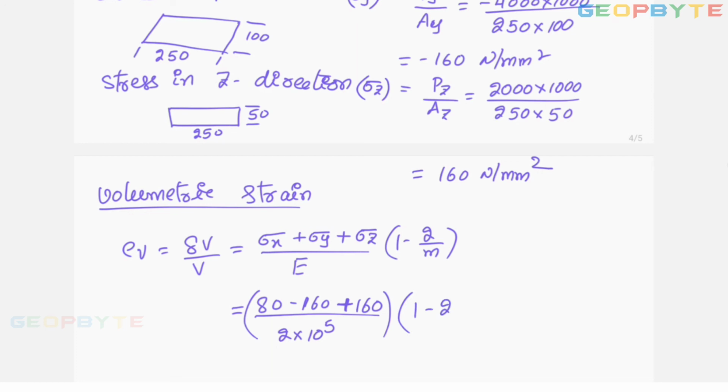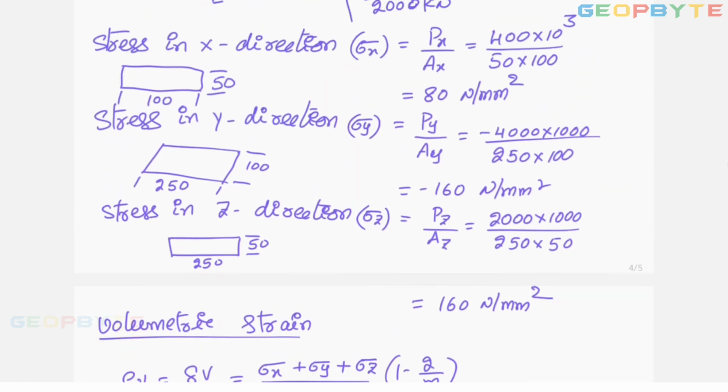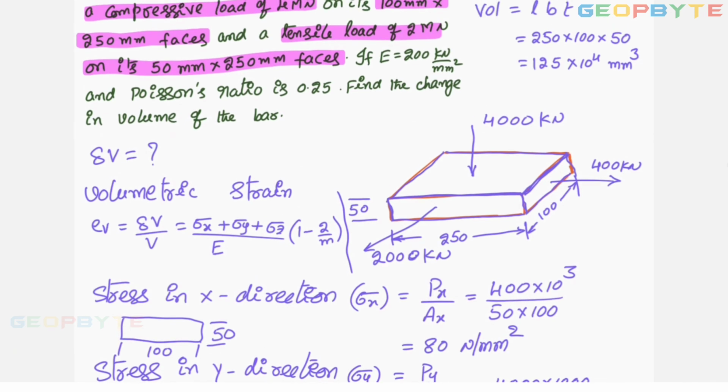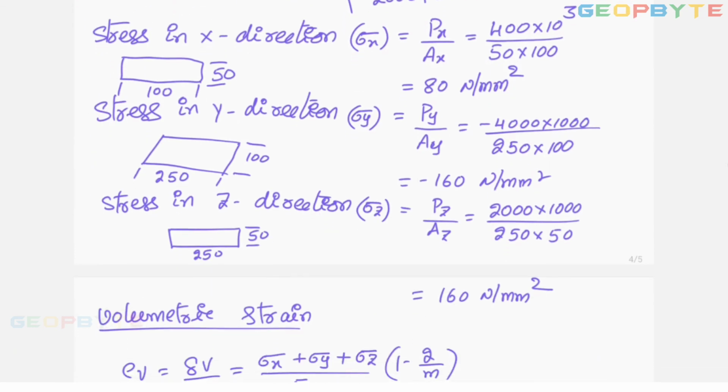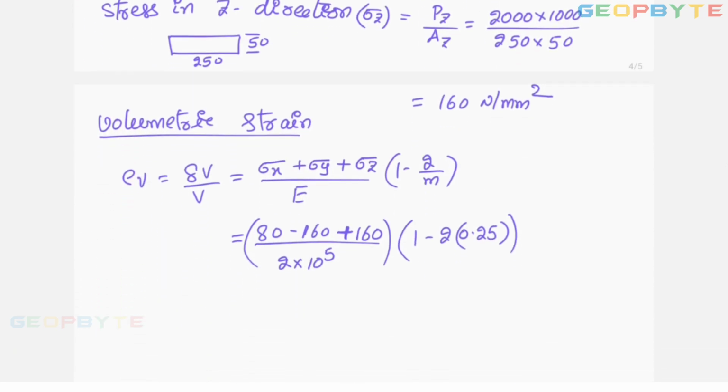Poisson's ratio is given as 0.25. Let us verify it. Very good. Now simplify this value to get the volumetric strain. You get around 40 divided by 2 into 10 power 5.